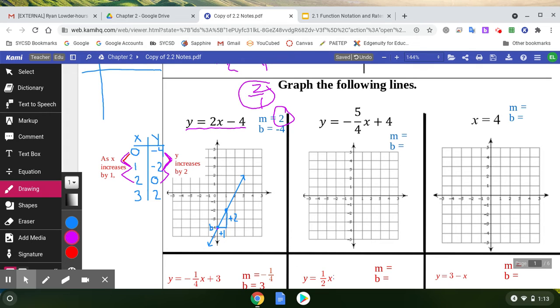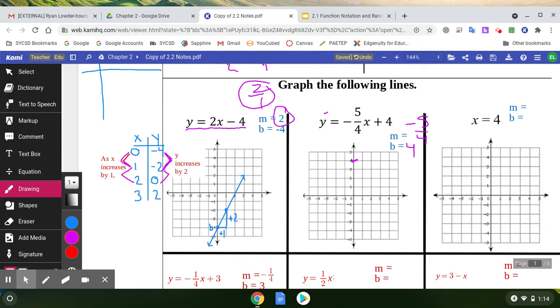In the second example, y equals -5/4 x plus 4, our b value or starting amount is 4, and our slope is -5/4. So notice a common theme as well. We always multiply our slope by the value of x. Now, to graph this, I need to plot a point at 4, aka my starting point.